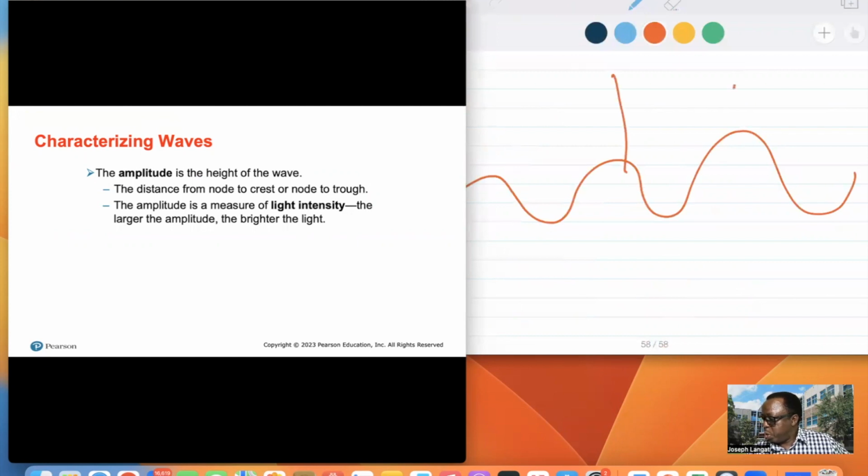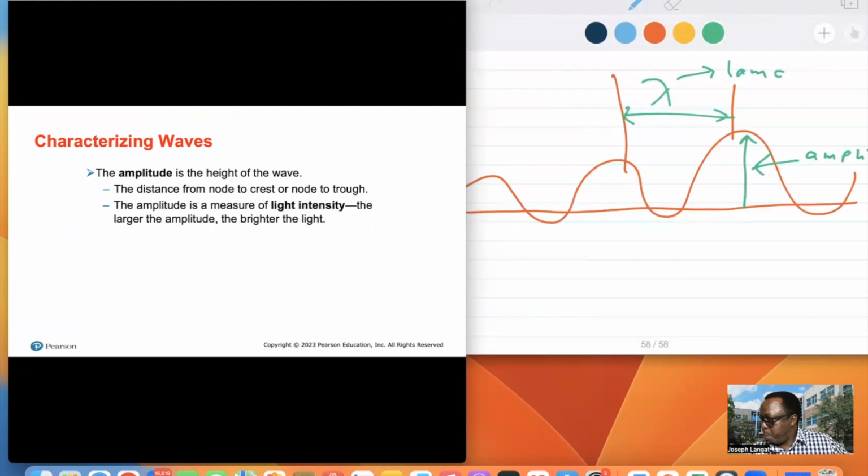The distance between two crests, let's say I have here, this is called the amplitude, and here we call the wavelength, designated lambda. Right here, this is the wavelength of light, or electromagnetic wavelength.